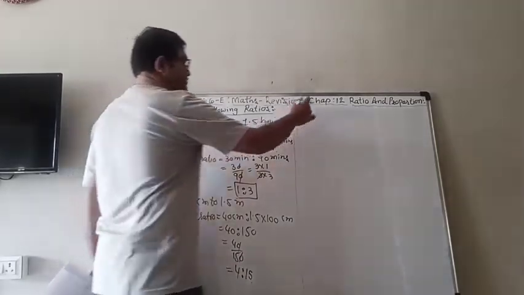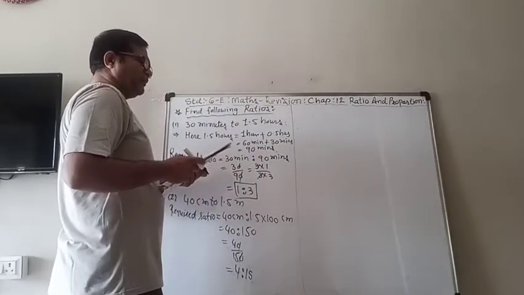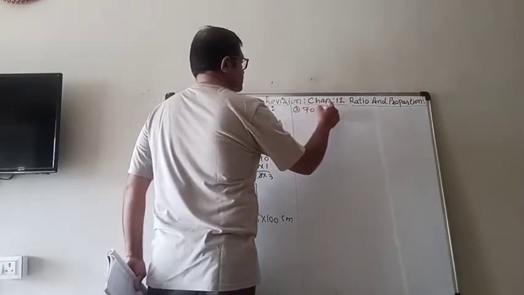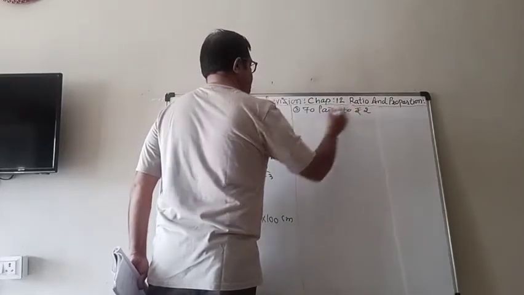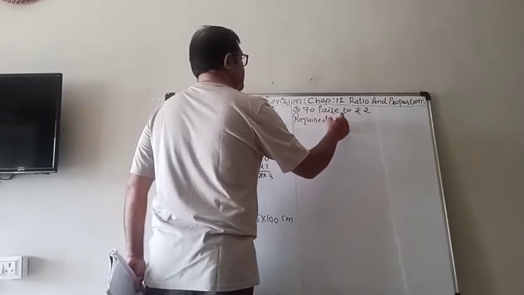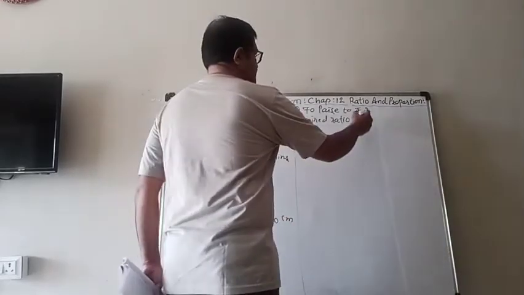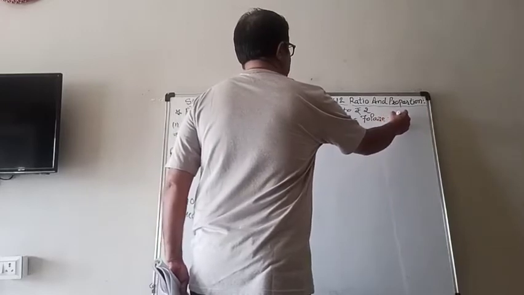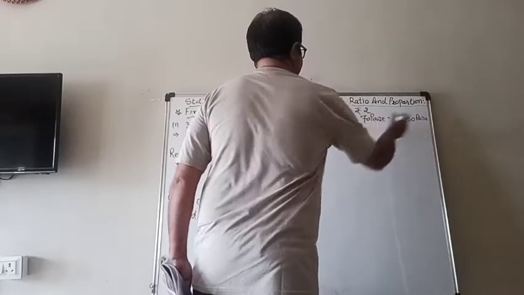So next, third one. 70 paise to rupees 2. So now the required ratio is equal to 70 paise is to 2 multiplied by 100 paise, because 1 rupee is 100 paise.